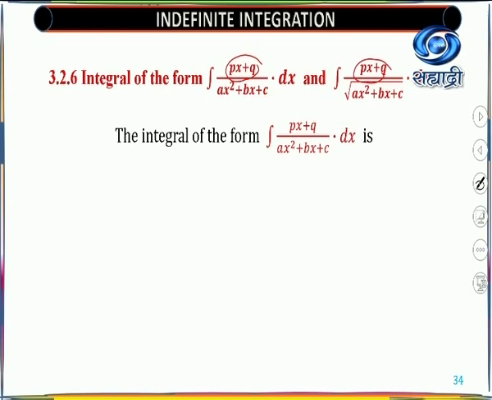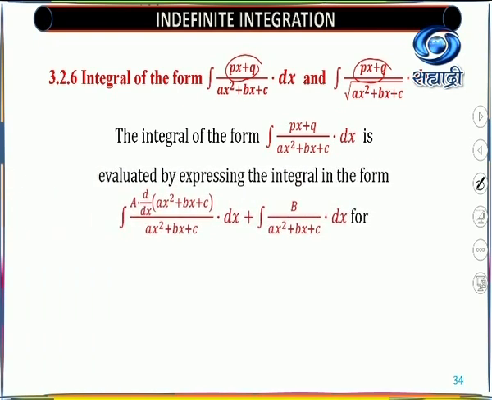For this, we'll see first that you have to write A into the derivative of the denominator plus B, for the constant. And this type we have already discussed in integral f dash of x upon f of x. There also we have already discussed how to find the integrals for this kind of example.